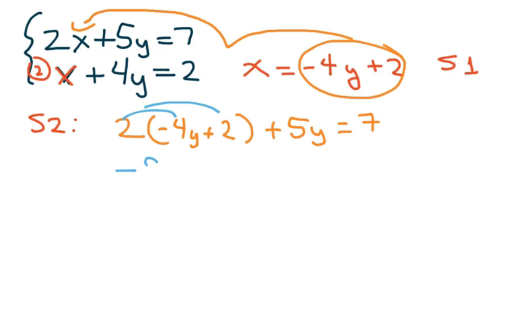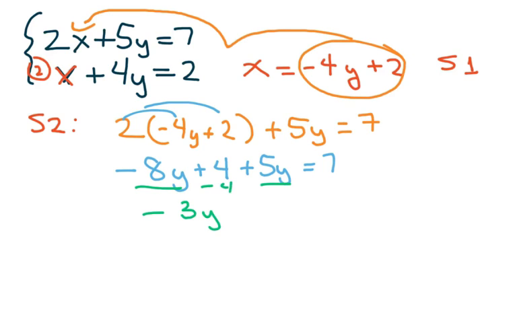Distribute: negative 8y plus 4 plus 5y equals 7. Combine like terms. That's negative 3y. I'm going to subtract 4 from both sides, and that equals 3. Divide by negative 3, and I'm going to get y is negative 1.